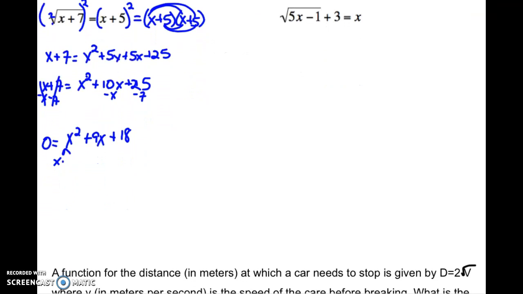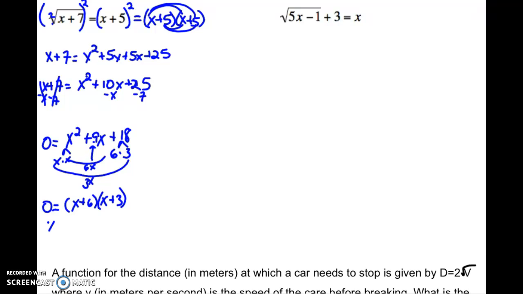And then we need to factor this part. So we have x times x, and two numbers that multiply to 18 and add to 9. Let's try 3 and 6, because our outsides give us 3x, our insides give us 6x, and that adds up. So we get 0 equals x plus 6, and then x plus 3.